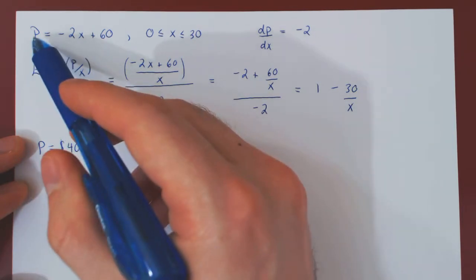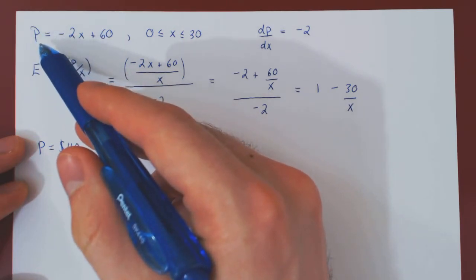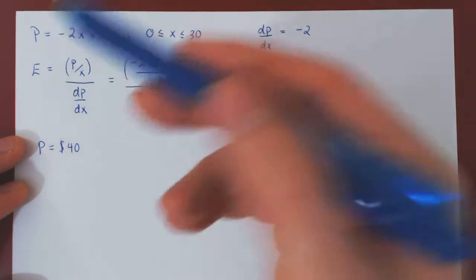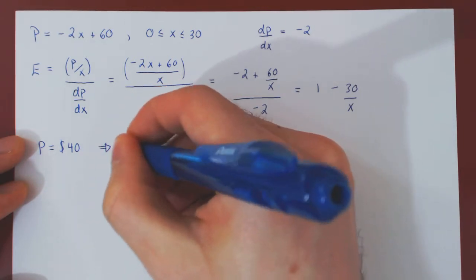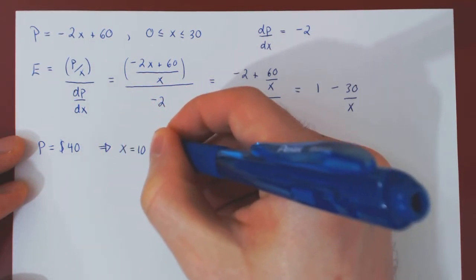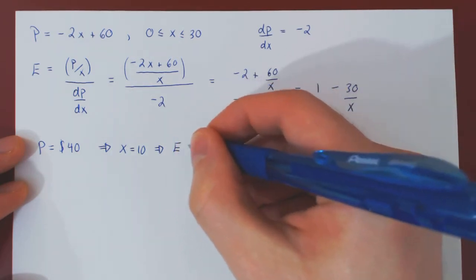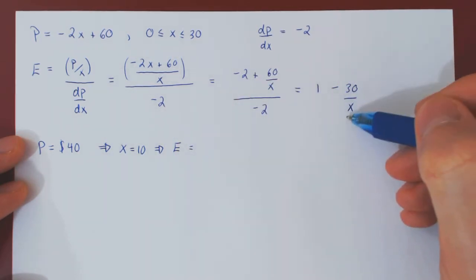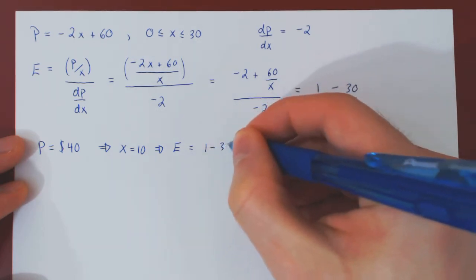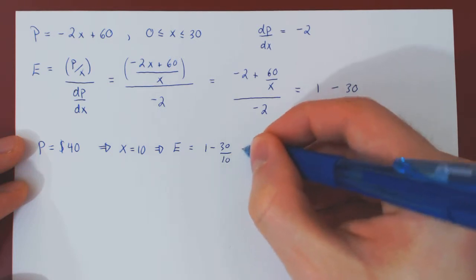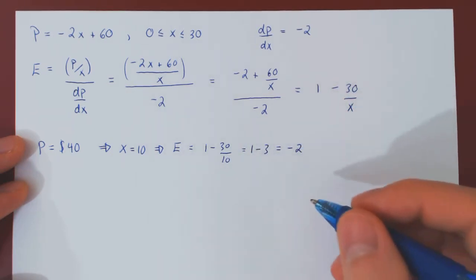So if you plug in here for P a value of 40 and you solve for X, you find that X is quite simply 10 units. So if X is 10, then the elasticity will be 1 minus 30 over 10, which is 1 minus 3, which is quite simply negative 2.